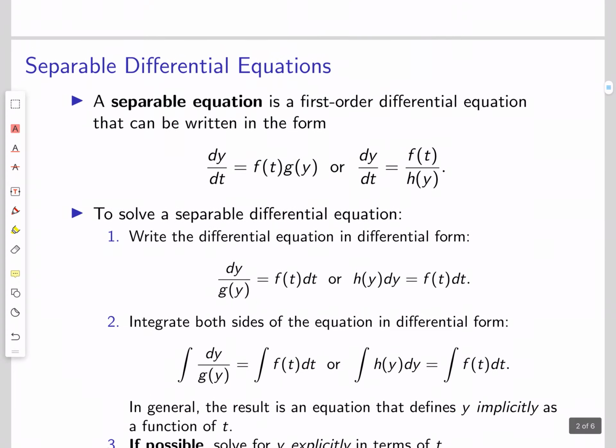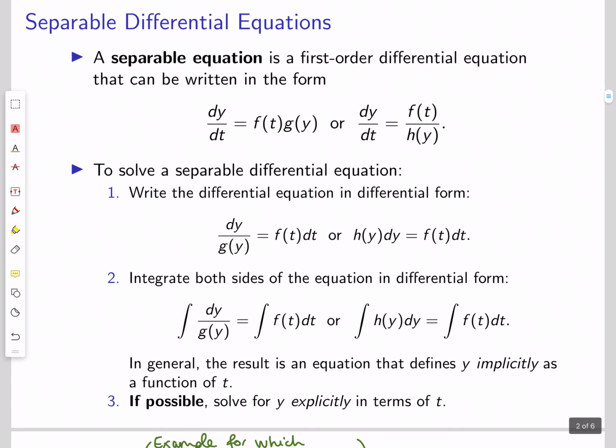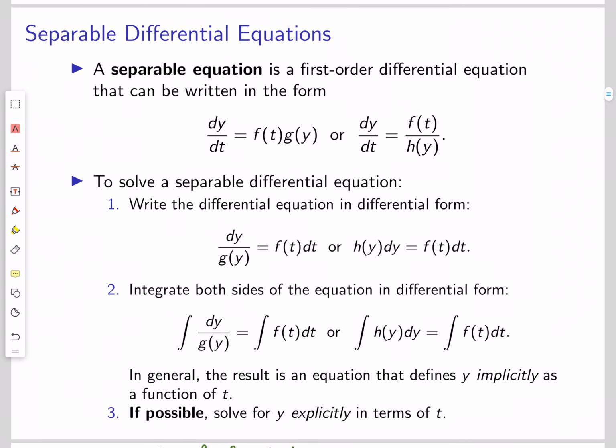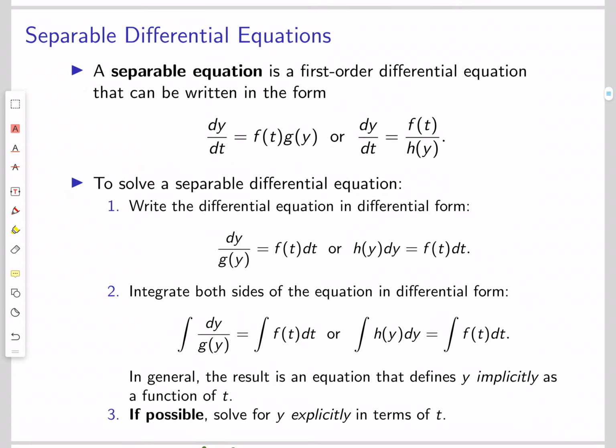Just a recap here, we are working on separable differential equations at the moment, and those are equations that can be written in a specific form where we can separate independent and dependent variables. First of all, let's remind ourselves that y here would be the dependent variable, and t is the independent variable.